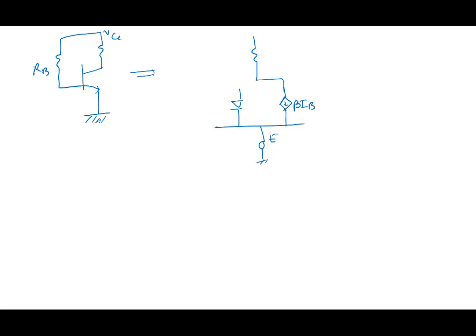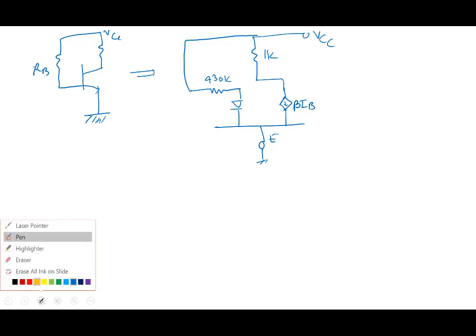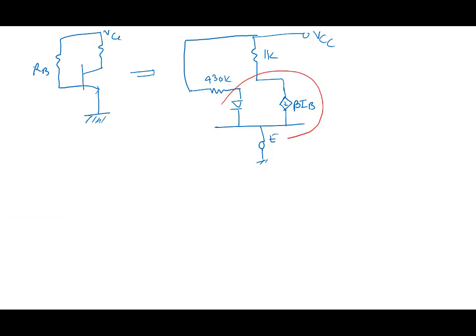This connects to VCC, and the base connects through RB, which was 430K, to VCC, and the collector resistor is 1K. So we substituted the model. This is our transistor model here.